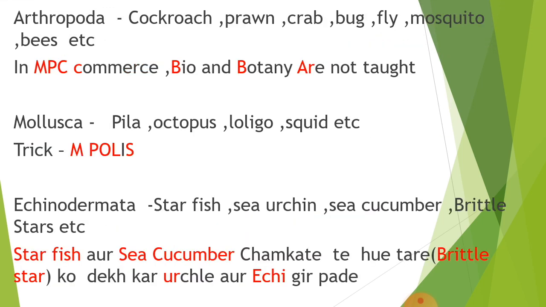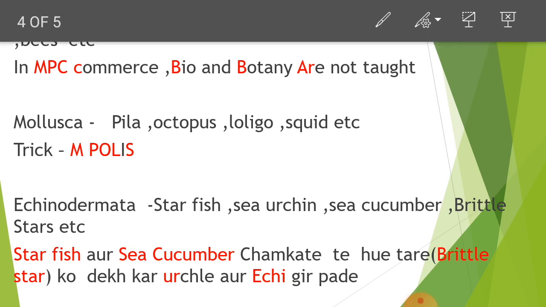Let's move on to the next one, that is Arthropoda, and the species that come under this are cockroach, prawn, crab, bug, fly, mosquito, bees, etc. The trick for this is "In MPC, commerce, bio and botany are not taught." MPC means, in south, the science stream we call MPC, that is Maths, Physics and Chemistry, as we call PCM in north.